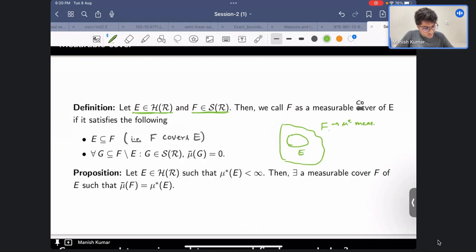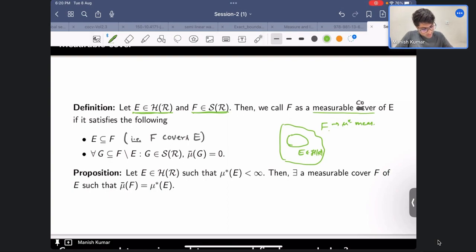It is not known to us; it is just an element of H of R. So this measurable set is a cover of E, and that is why the name is measurable cover: the cover we are talking about is measurable. So F is a measurable cover of E if it is a cover. That is the first thing.